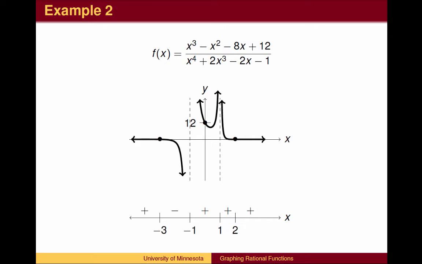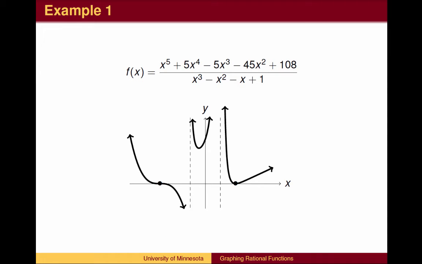The numerator has a leading term of x cubed, and the denominator has a leading term of x to the 5th. When x is large, the other terms become insignificant, and f of x will resemble x to the 3rd over x to the 5th, which equals 1 over x squared. When x is large, f of x will tend to 0, so this graph has a horizontal asymptote at 0.